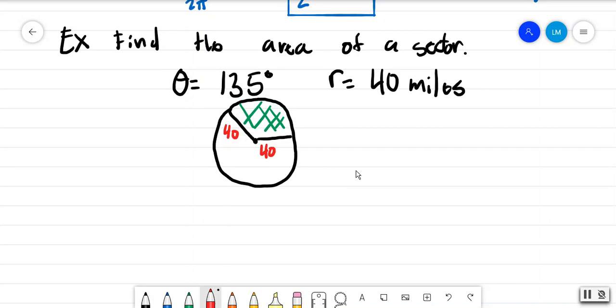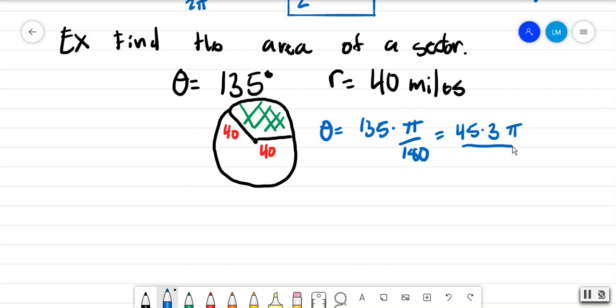Now all we've got to do is convert theta into radians. Take 135 and multiply by pi over 180. 135 has a common factor of 45, so we have 45 times 3 times pi divided by 45 times 4.